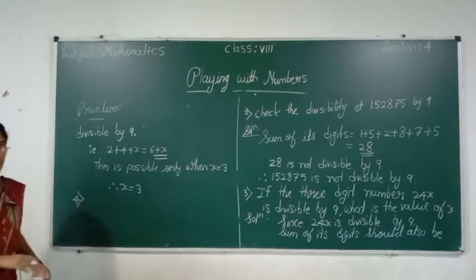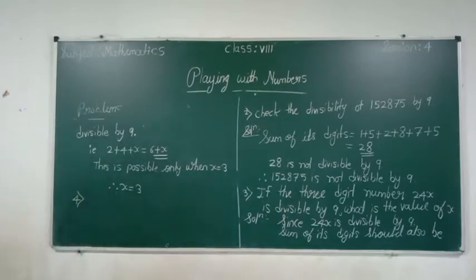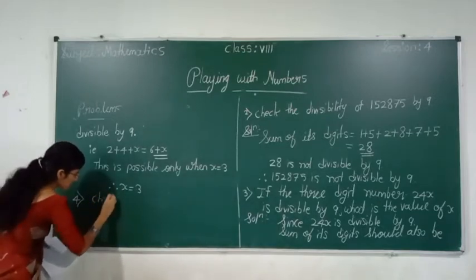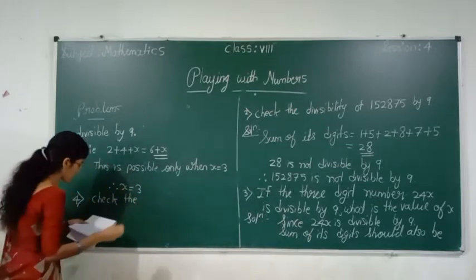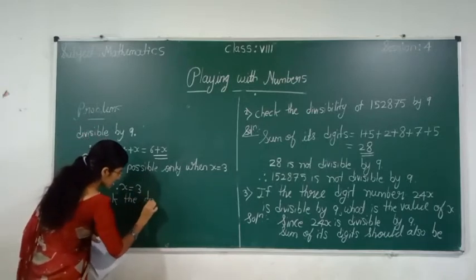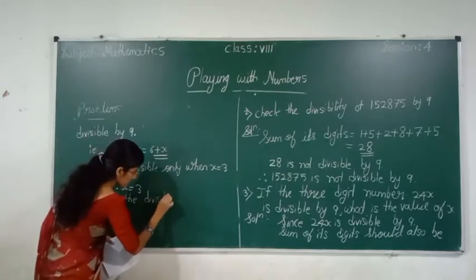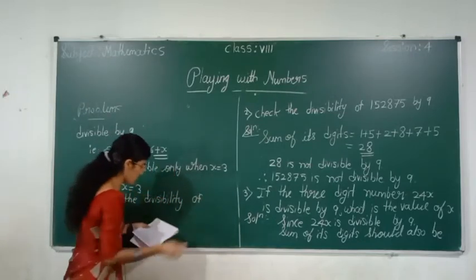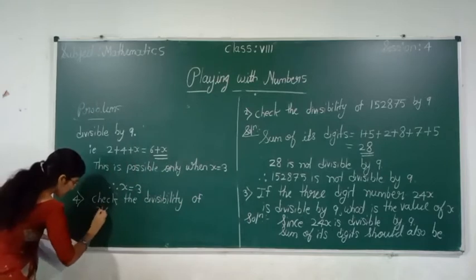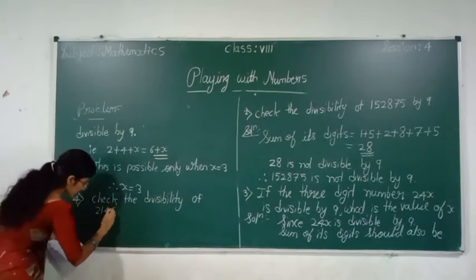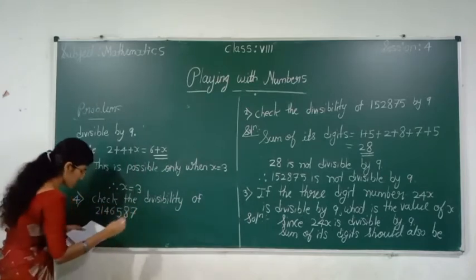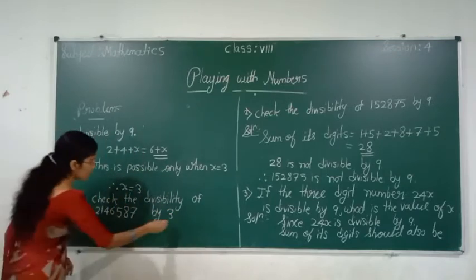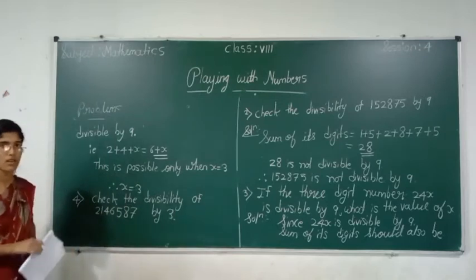We will see the fourth problem now. Check the divisibility of 214658 7 by 3. They have told us to check the divisibility by 3. How to check?